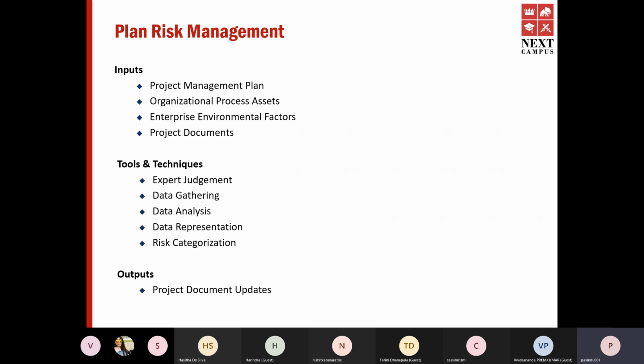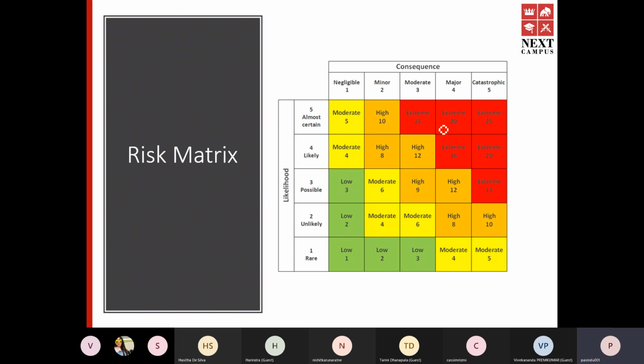Now, when it comes to qualitative risk analysis, you would come up with a risk matrix. So this is a risk matrix. Again, you don't need to put the numbers.